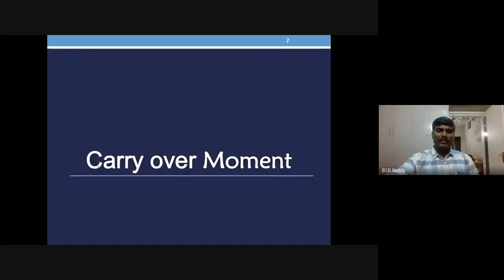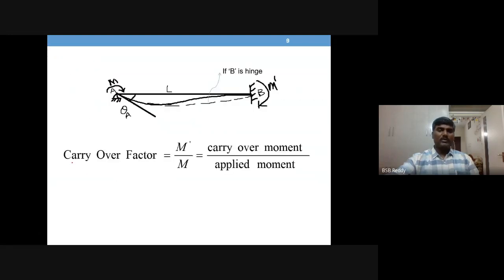And then we have defined carryover factor, which is nothing but carryover moment divided by moment applied. When you apply moment M at one end, if the far end of the member is fixed, some moment will develop at the fixed end. That is the carryover moment.